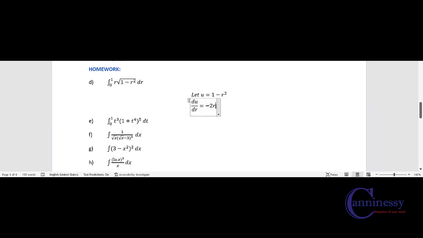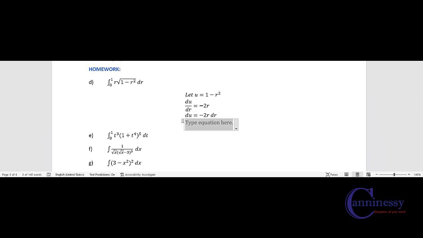So du is equal to negative 2r times dr. Therefore dr is equal to du over negative 2r.